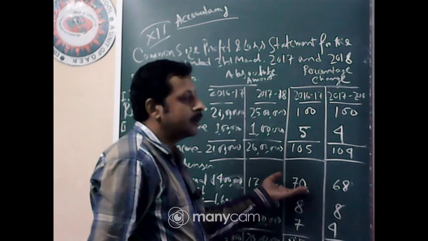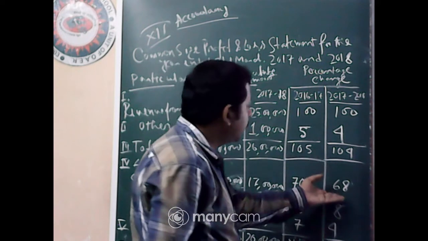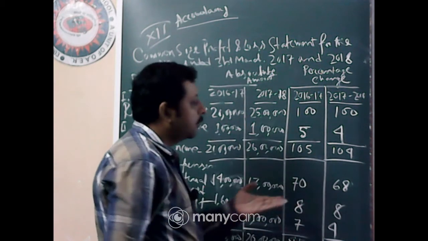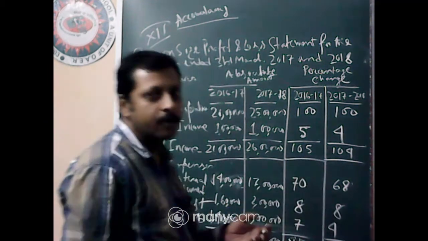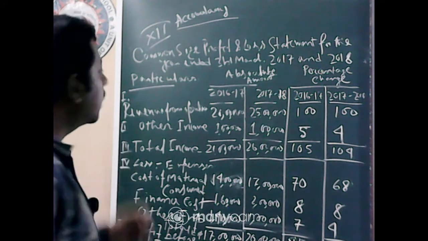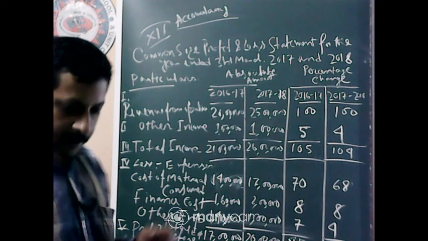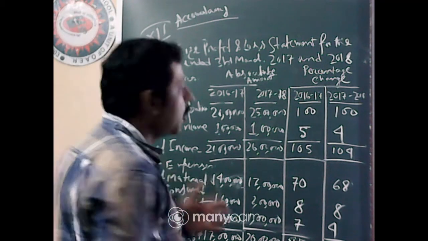2016-17, that is 70%, but on the basis of net sales or revenue from operations, next year 68%, means current year we consume only 68% of material consumed. Okay. So this is actually due to reduction of cost.